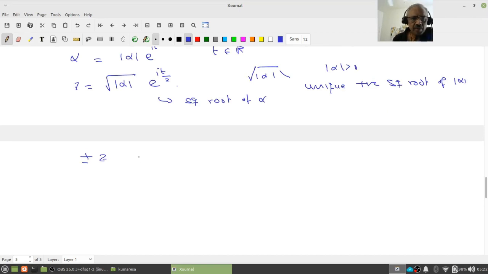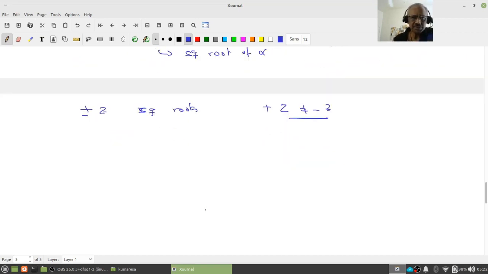And notice that since alpha is non-zero, mod alpha is positive, therefore plus or minus z are distinct. Plus z is not equal to minus z. They are distinct square roots.